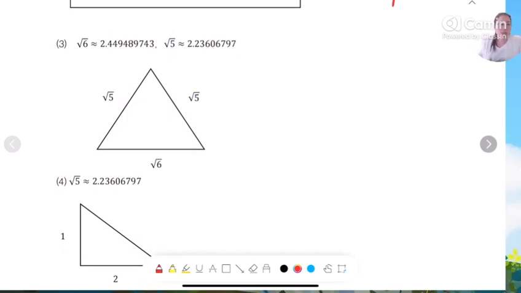Exercise 3 is to find the perimeter of the triangle. The perimeter of the triangle is equal to the sum of the three sides. So capital C is equal to the square root of 5 plus the square root of 5 plus the square root of 6. The square root of 6 is approximately equal to 2.449.